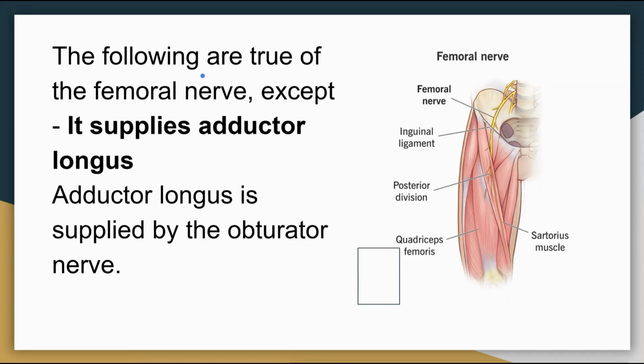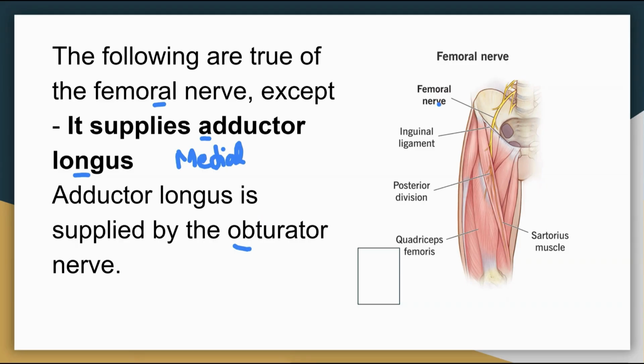The following are true for the femoral nerve except it supplies the adductor longus. No, adductor longus is one of the muscles of the medialmost compartment, and this medial compartment is supplied by the obturator nerve.